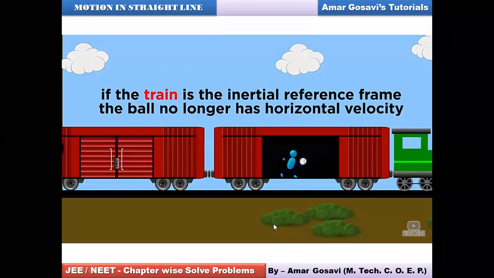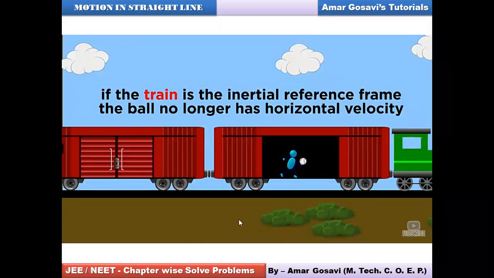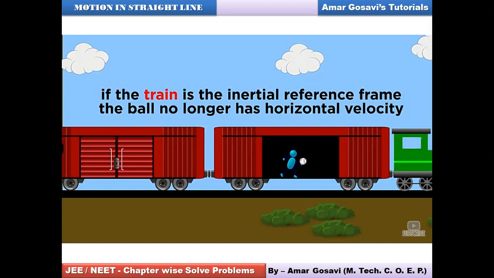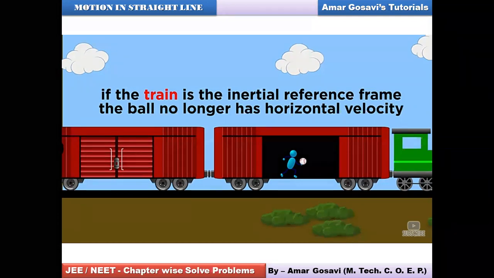But for a person observing this from the ground, he will feel that the ball is also moving with the speed with which the train is moving. So that's how the perception changes when you try to analyze relative motion between the two objects. Please make a note of this.